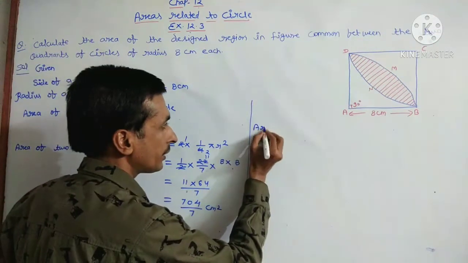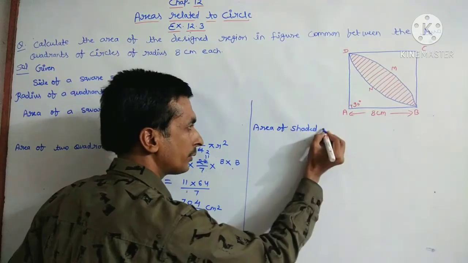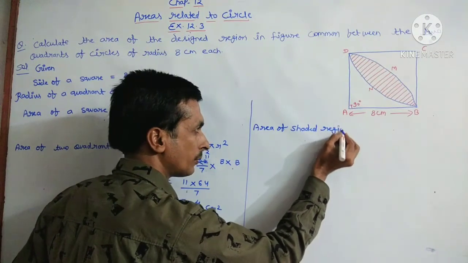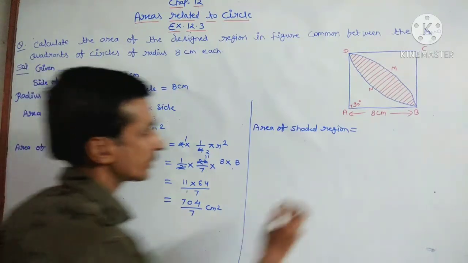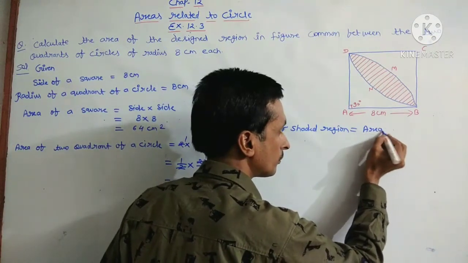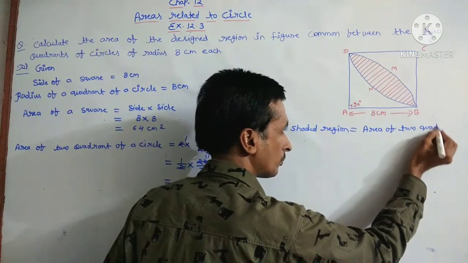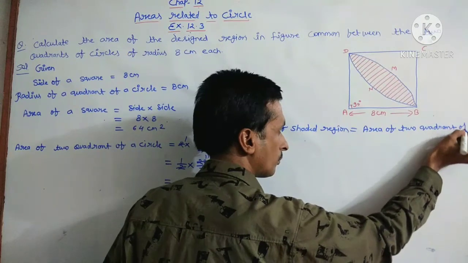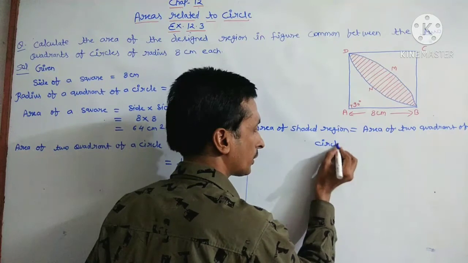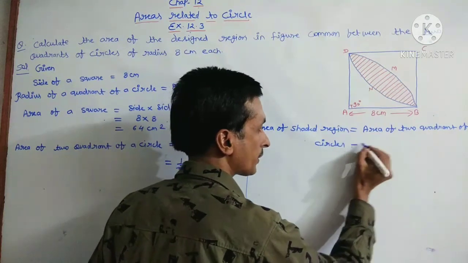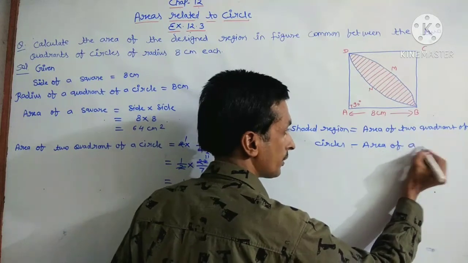Area of shaded region equals area of two quadrants of circles minus area of a square.